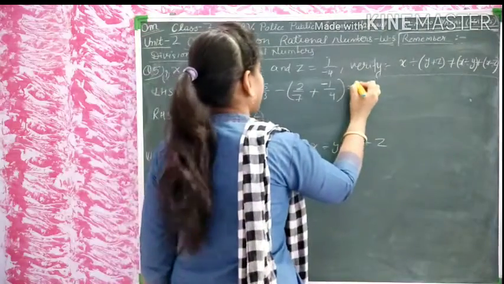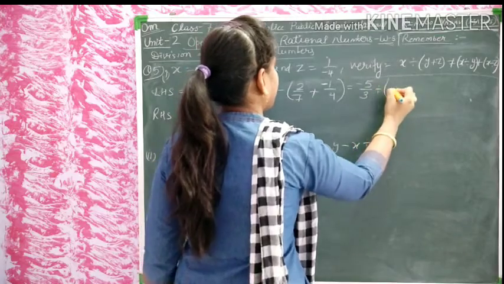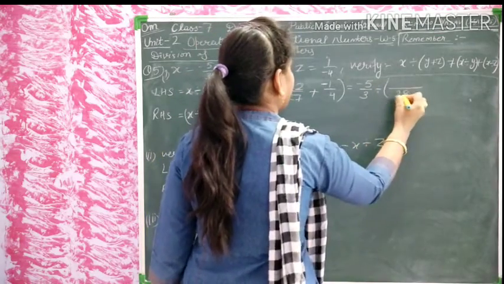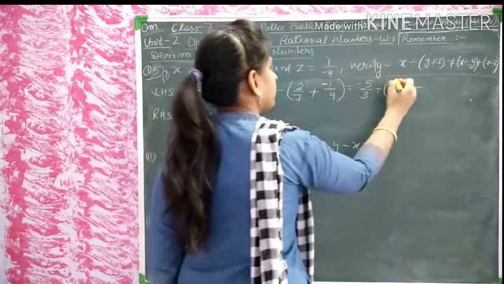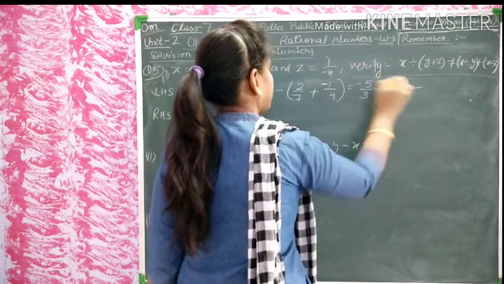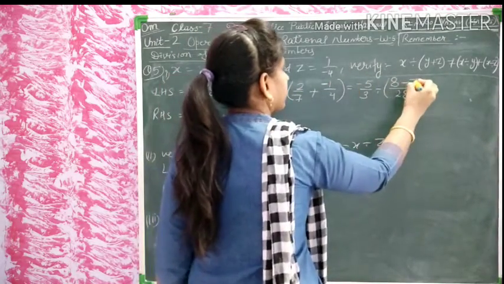Now we get minus 5 by 3 divided by, we have to solve here, 7 4s are 28. This is the LCM here, and 4 2s are 8, and plus minus there, and 7 1s are 7.